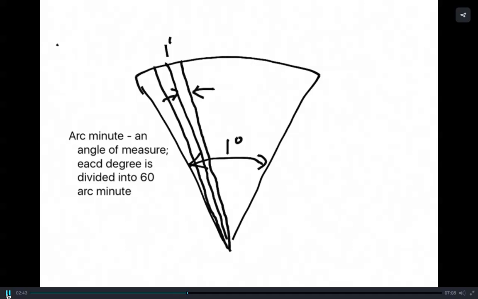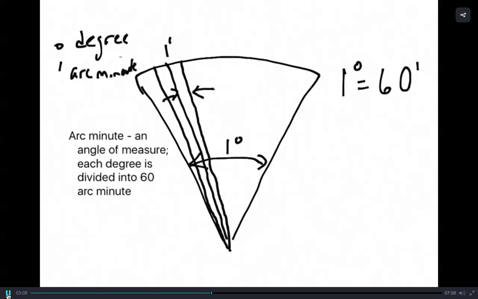If a little 0 is the unit for a degree, then a little slash is the unit for an arc minute. An arc minute is an angle of measure like a degree. Each degree is divided into 60 arc minutes. There are 60 arc minutes in 1 degree.